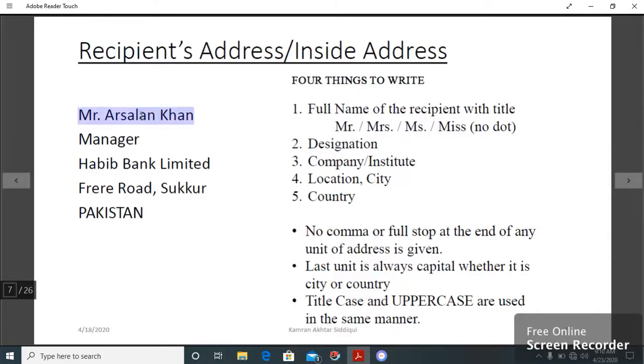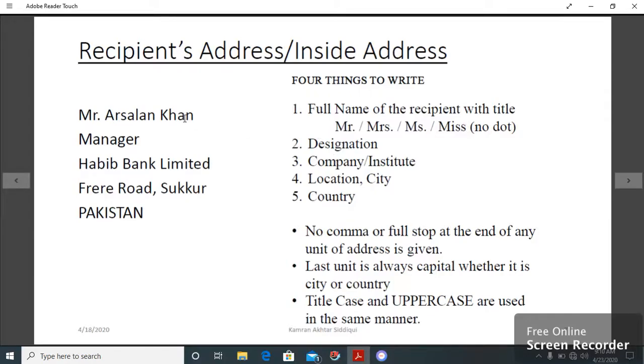First thing is the name of the recipient who is going to receive the letter, or to whom you are writing your letter, and it must have a title, whether Mr., Mrs., Ms. or Miss. Obviously, Miss is a complete word, so we do not use any dot with it.